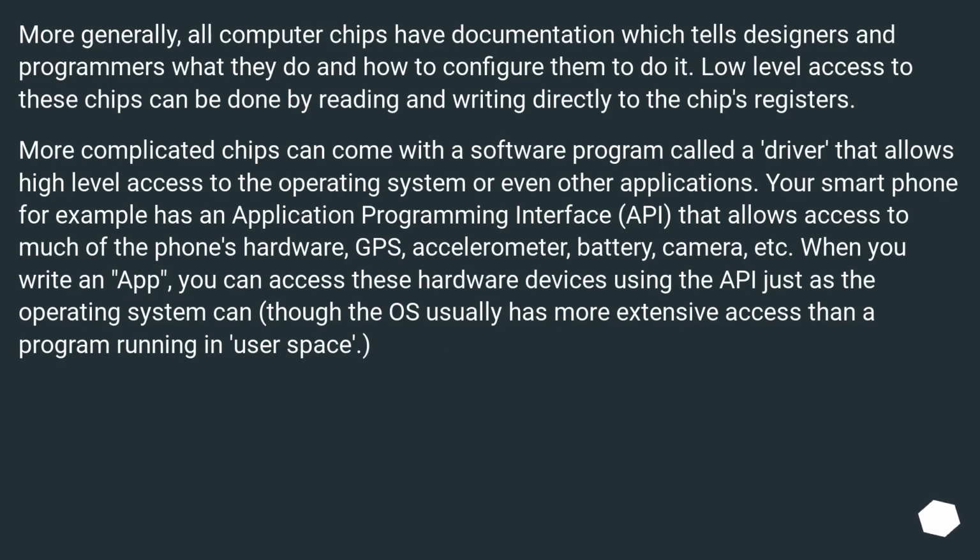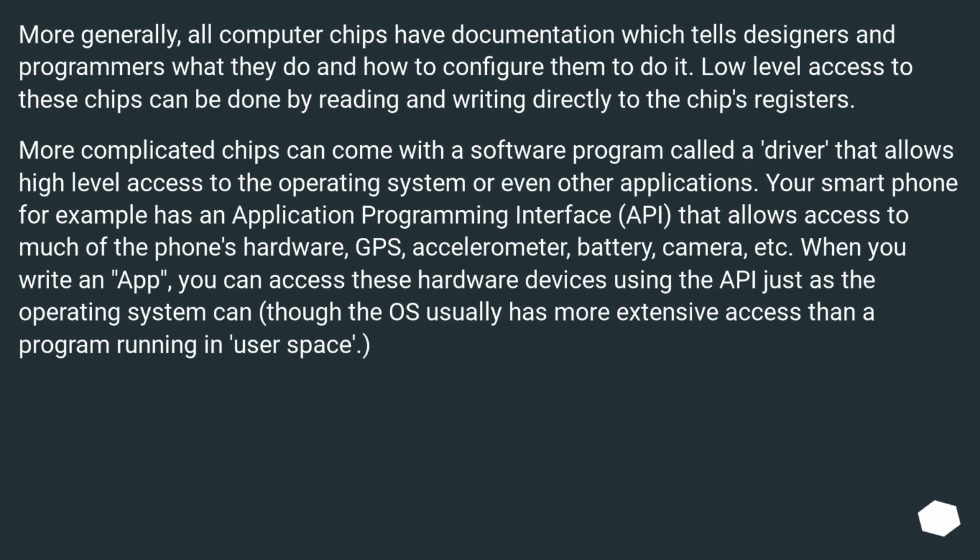More generally, all computer chips have documentation, which tells designers and programmers what they do and how to configure them to do it. Low-level access to these chips can be done by reading and writing directly to the chip's registers. More complicated chips can come with a software program called a driver that allows high-level access to the operating system or even other applications.